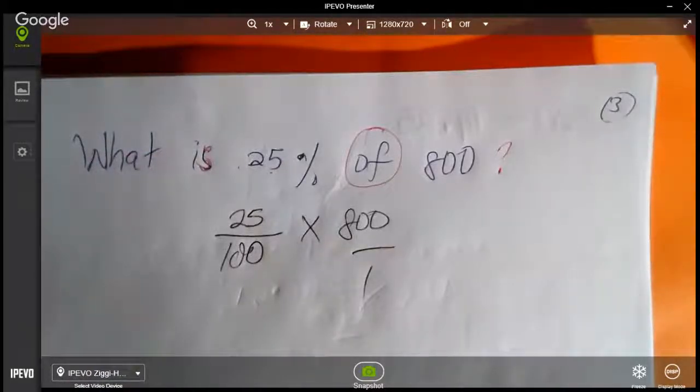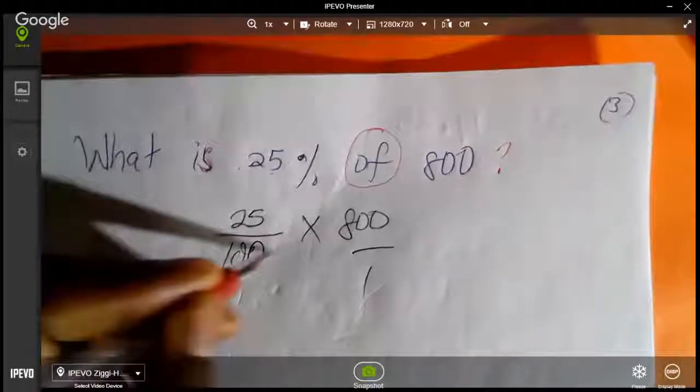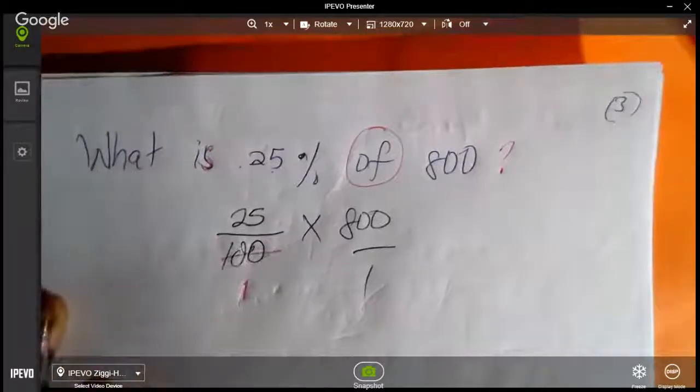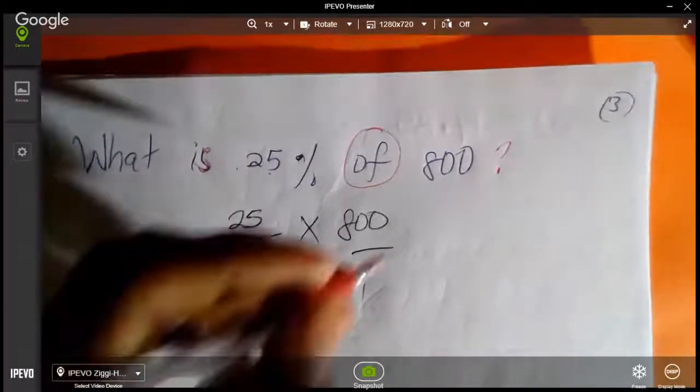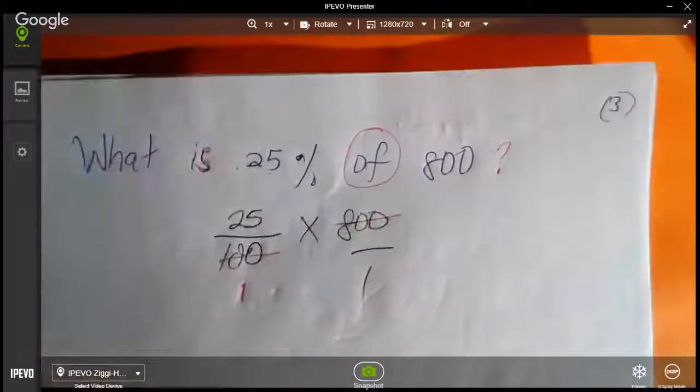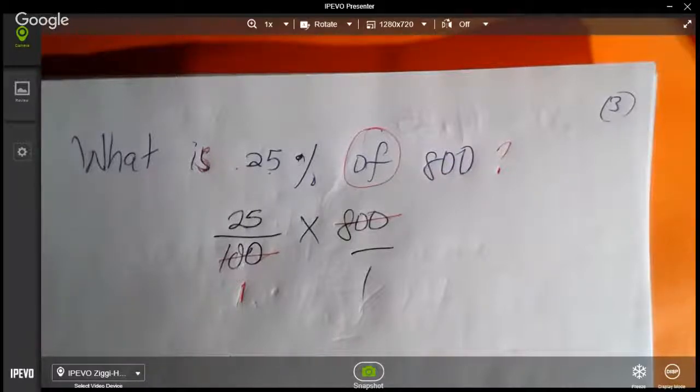You can cross multiply. 100 into itself once, and 100 into 800, so 8. How many times? 8 times, sir.